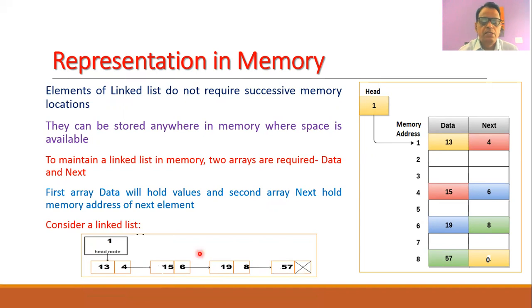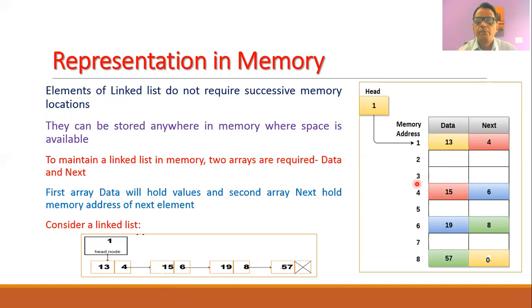Now suppose this is the linked list, then we can represent such a linked list in the memory as shown in this diagram. So the first pointer is the header, or many times it is called the start pointer. It will point to the first memory location address. The first value is 13, and the next column, or the next array, will contain the pointer to the next element.